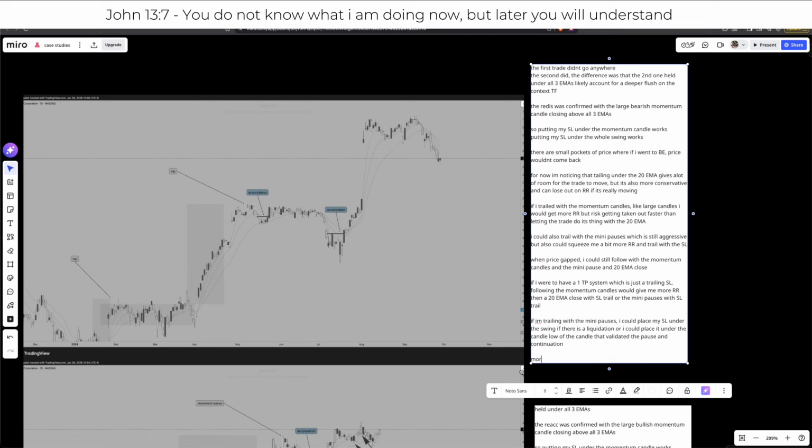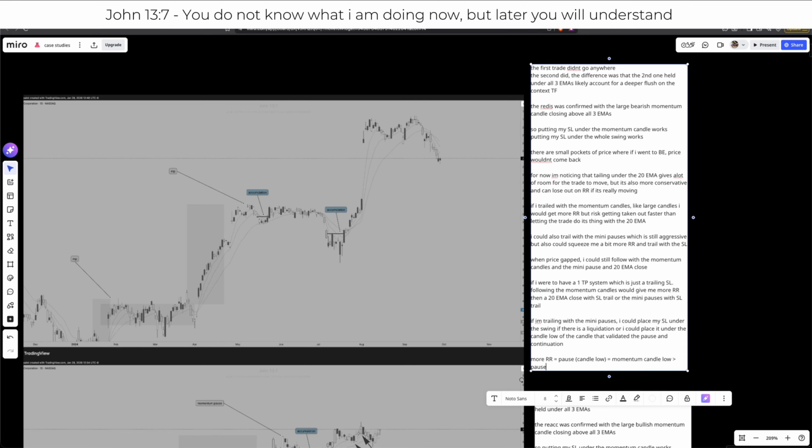Okay, so let's do another thing at the bottom. So more RR equals pause candle low would give me equal RR to momentum candle low, which would be greater than the pause swing, which would be equal to 20 EMA close.